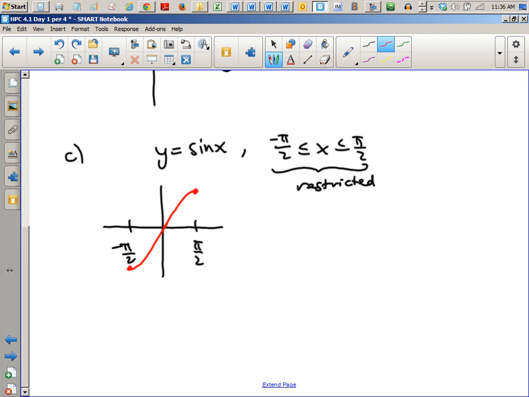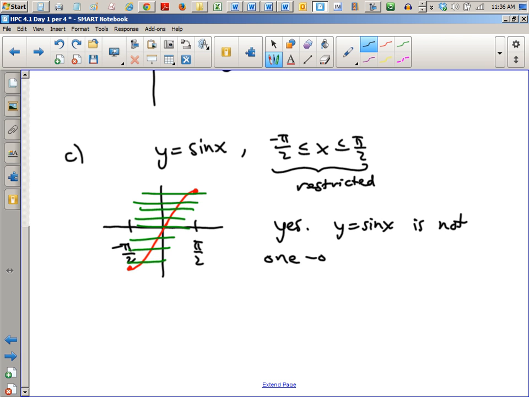Now, is that piece one-to-one? Yes, it is. That piece is certainly one-to-one. You can draw horizontal lines all day long. They touch once at most. Okay, so this is, yes, y equals sine x is not one-to-one on its own, right?